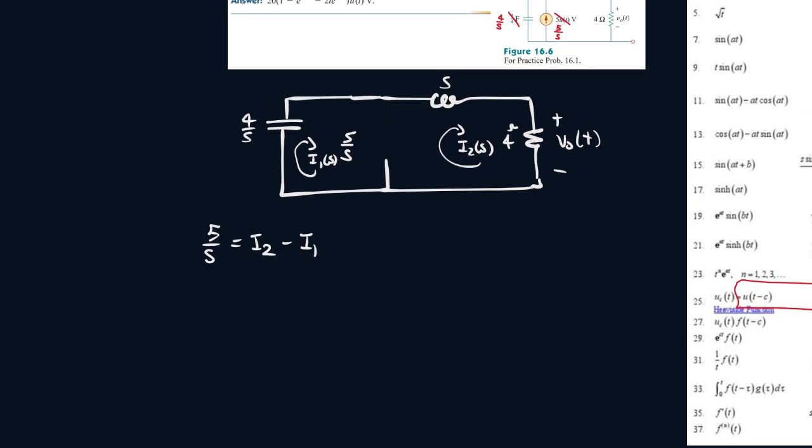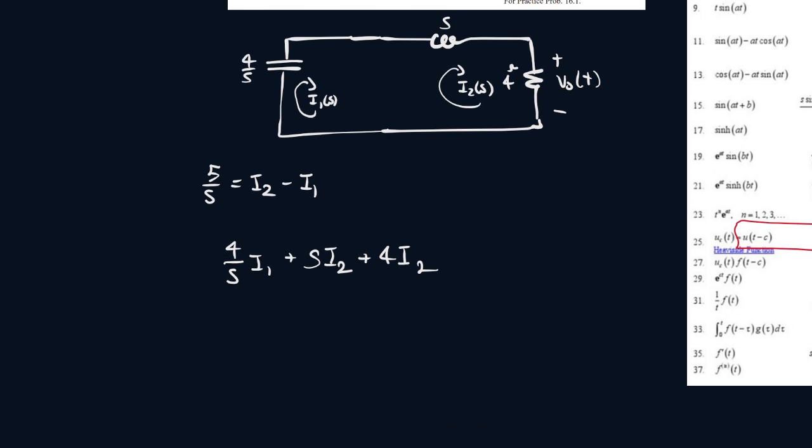So now we can just ignore this for now. So it's 4 over S times I1 plus S I2 plus 4 I2. Okay, so that looks pretty good.